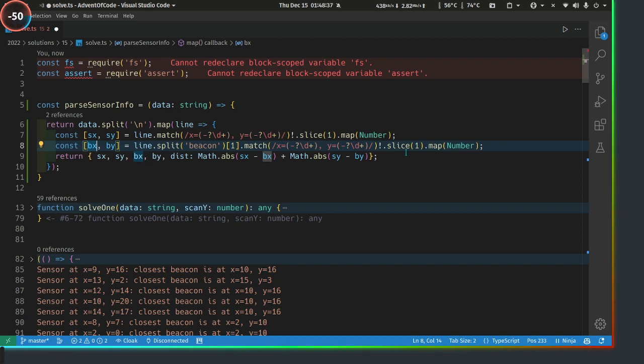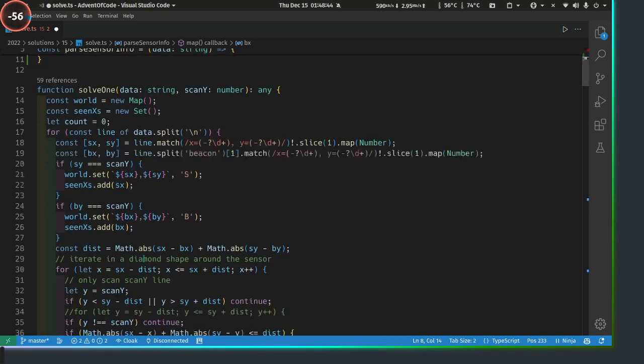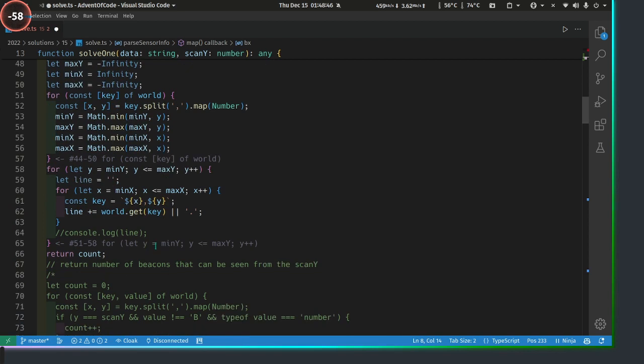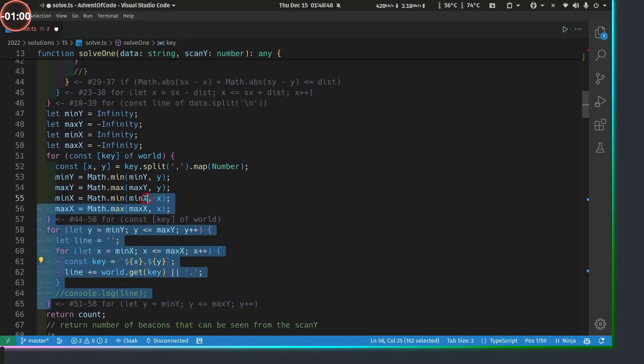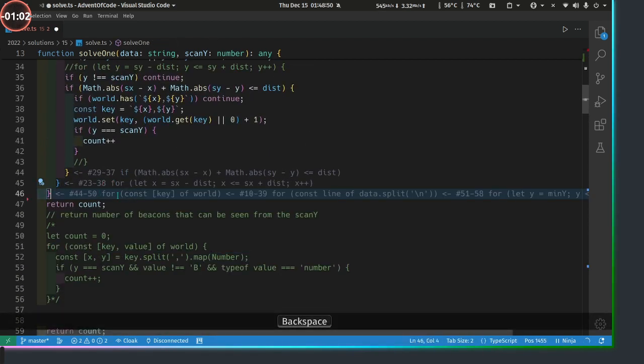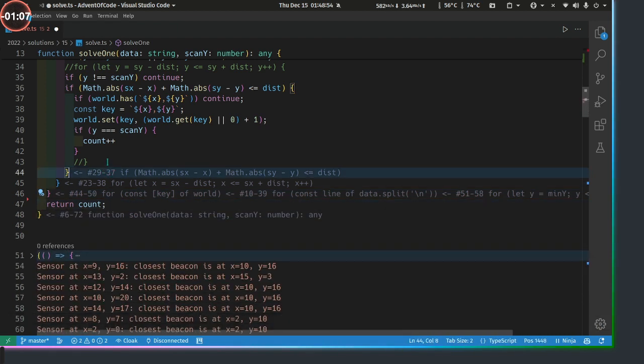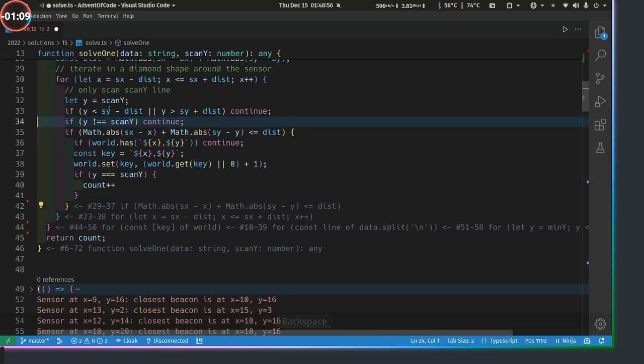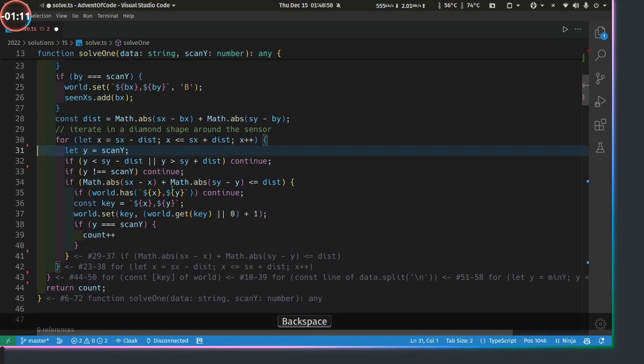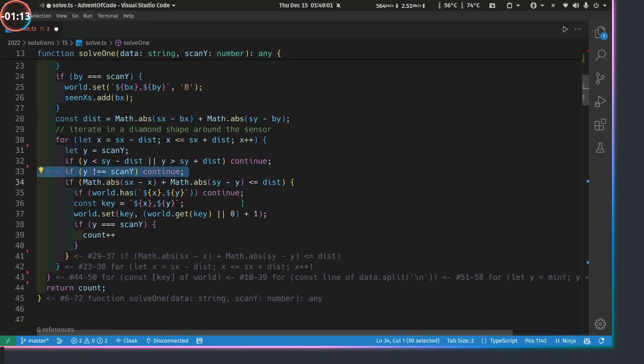Yeah, we're gonna keep these short names. They're not the worst in the universe. Yeah, let's see what part 1 can do. This doesn't do anything for us. You're gonna see a lot of deletes in this one. I don't think we need that anymore.